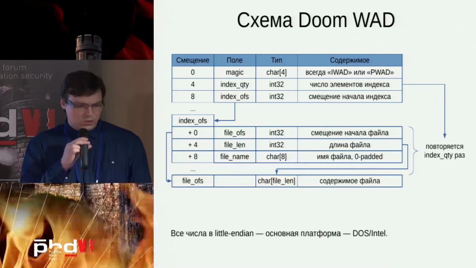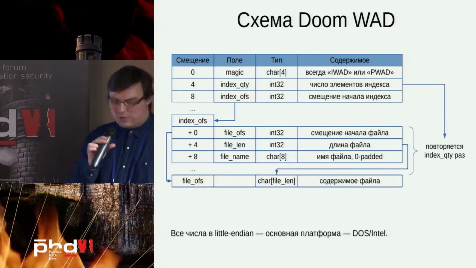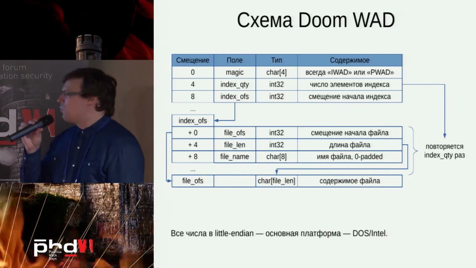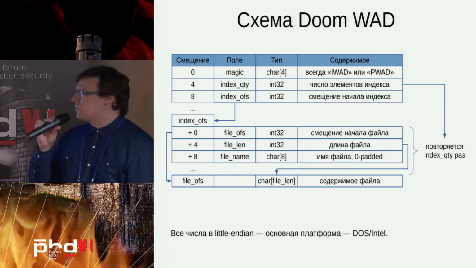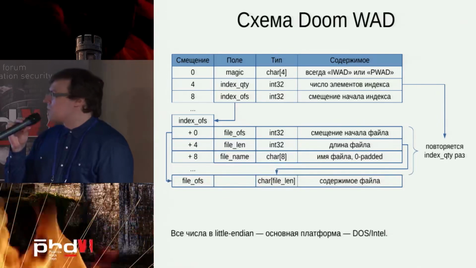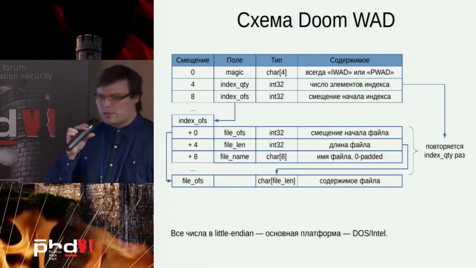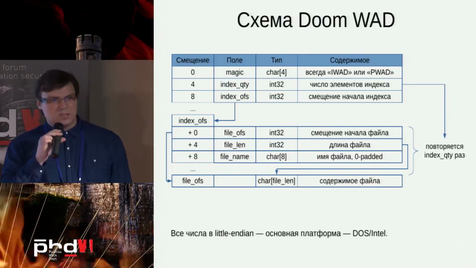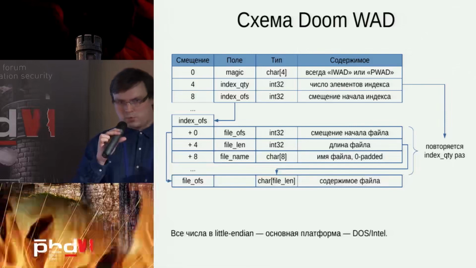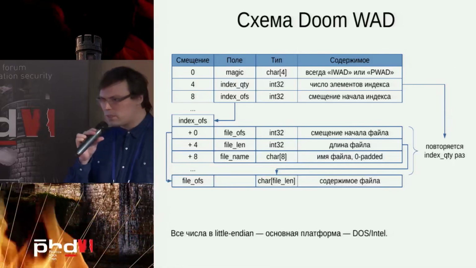Then in the header, we see a 4-byte field with our index elements, or the number of files in our container. There is also a shift indicator, index offset. The index itself is not directly linked with the header.